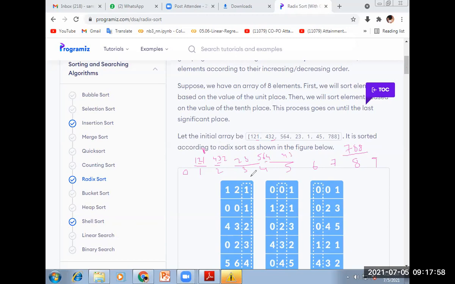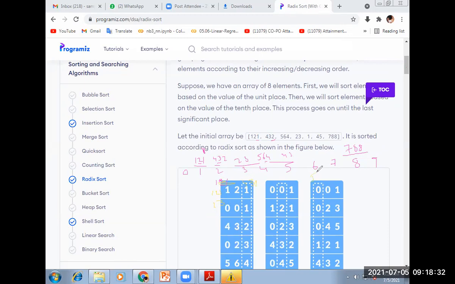After the tens place, see here I am writing the second place. So 121 is stored here, and 23 also here, and 432 here, and 564 here.